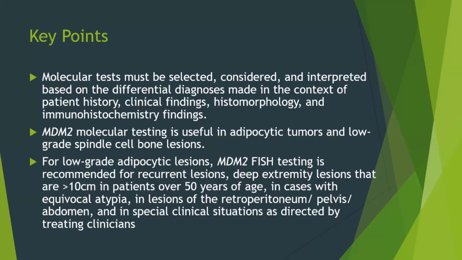Now, for low-grade adipocytic lesions, MDM2 FISH testing is recommended for recurrent lesions, deep extremity lesions that are more than 10 centimeters in patients over 50 years of age, in cases with equivocal atypia, in lesions of the retroperitoneum, pelvis, or abdomen, and in special clinical situations as directed by treating clinicians.